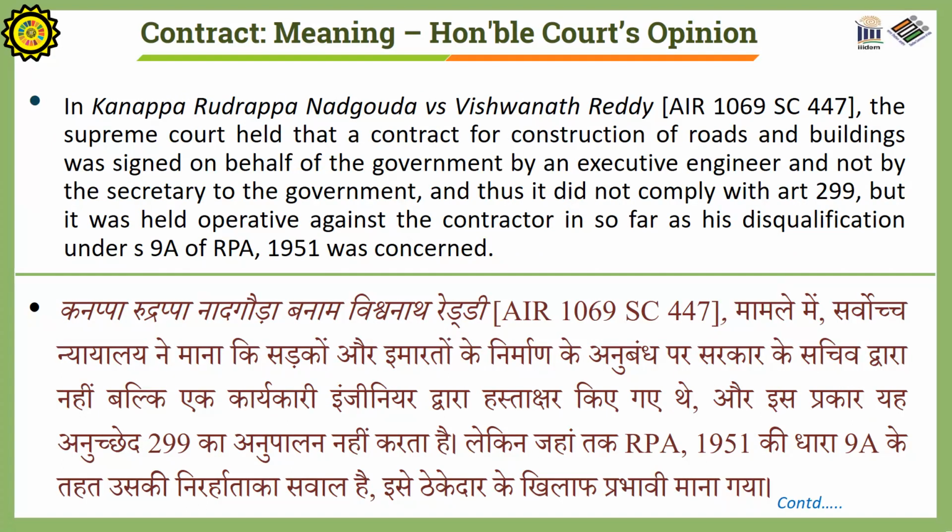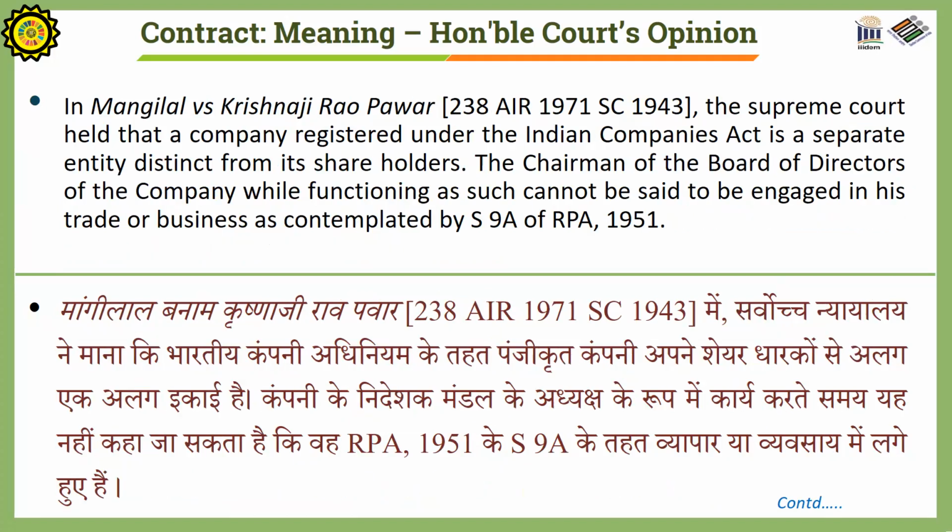In Kannappa Rudrappa Nadgoda versus Vishwanath Reddy, the Supreme Court held that a contract for construction of roads and buildings was signed on behalf of the government by an executive engineer and not by the secretary to the government, and thus it did not comply with Article 299, but it was held operative against the contractor in so far as his disqualification under Section 9A of RP Act 1951 was concerned.